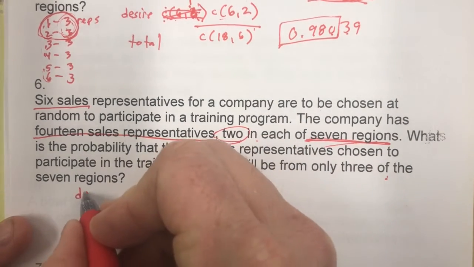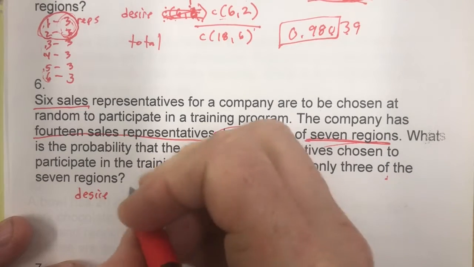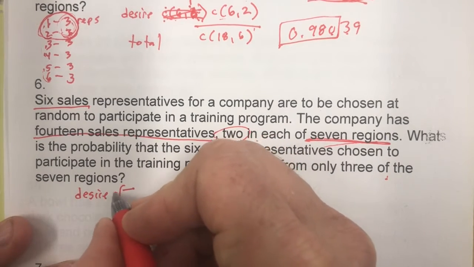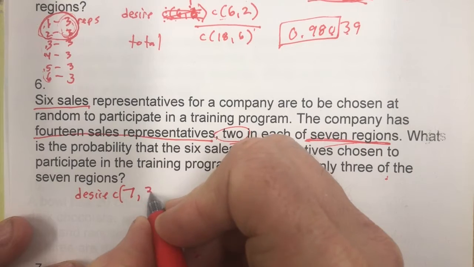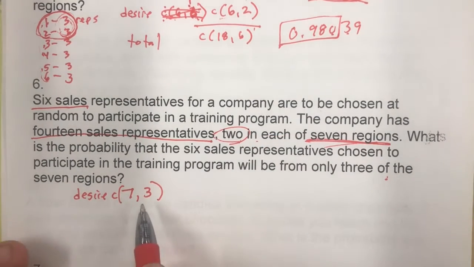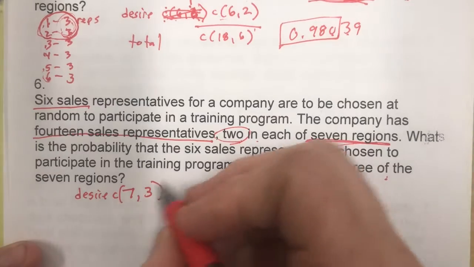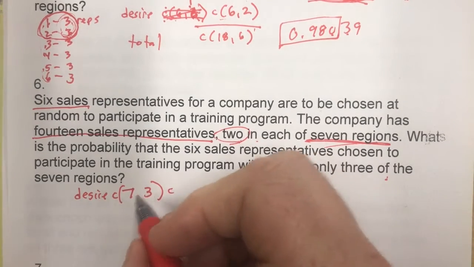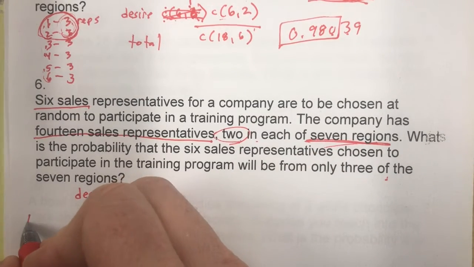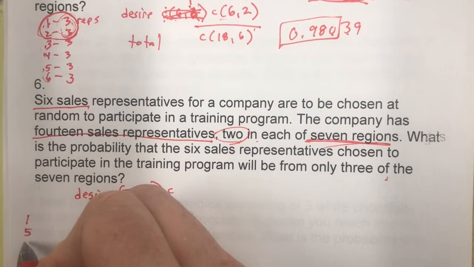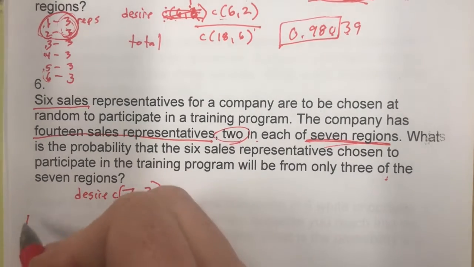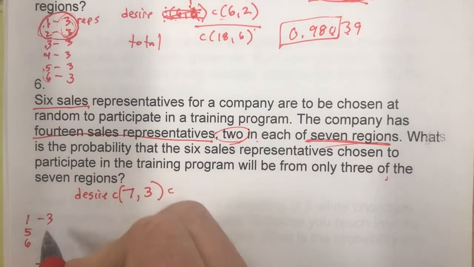What we desire of the 7 regions, we desire all these representatives to be from 3 of the 7 regions. Okay? Now, in those 7 regions, let's just say that region 1 and 5 and 6. Let's say we got those. There's 3. I'm sorry.